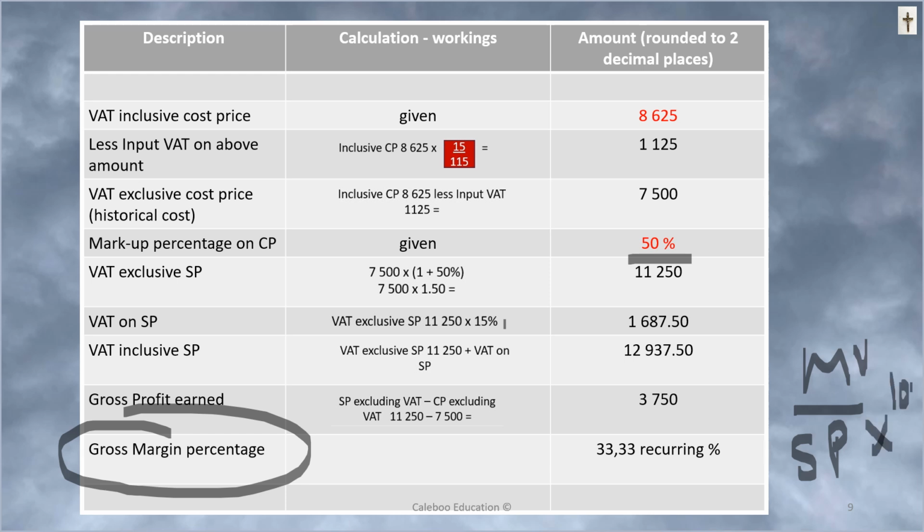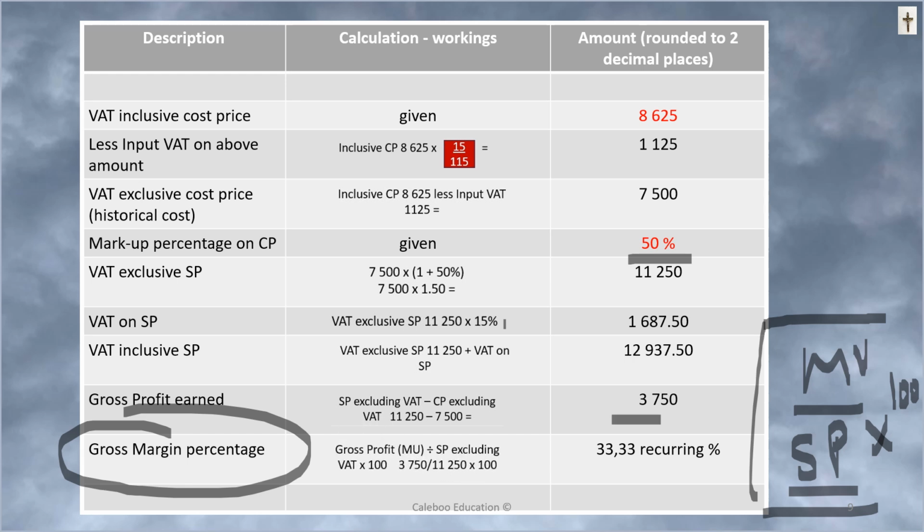So I must multiply by 100. Remember what we've been doing in this video. When we do these calculations, these amounts here exclude VAT. So what was the markup? What was the selling price? The gross profit earned is the markup.